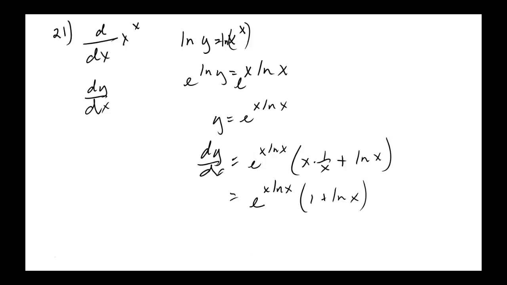That's an answer. Is that one of the ones listed here? And e to the x log x, by the way, is x to the x. So that's A: x to the x times 1 plus log x. Yep, we got an A.